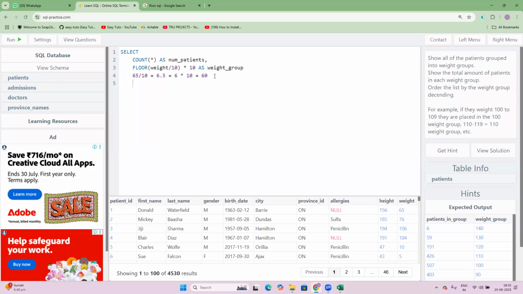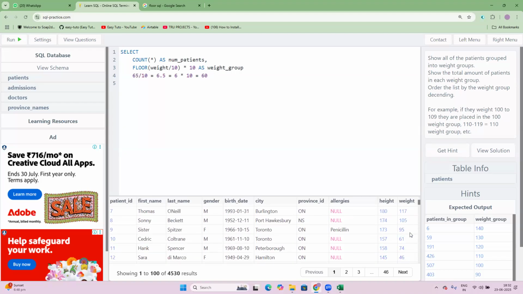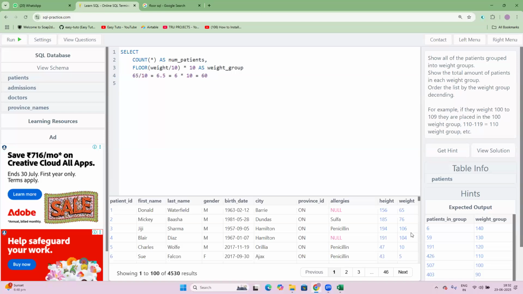Now let's understand this with another example. If they weigh 100 to 109, they should be in 100, right? So let's just take 106. 106 divided by 10 becomes 10.6. Flooring it becomes 10.